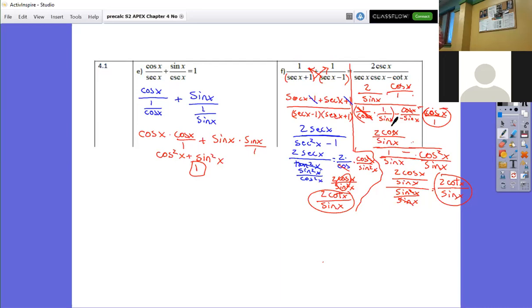I think I put that on the next one. Let me check. Are there any sum and differences on here? I think that's on 4.2. No. There's no sum and differences on this, so we will do the rest of 4.1 tomorrow. And 4.2, I don't know why I did whatever I did.